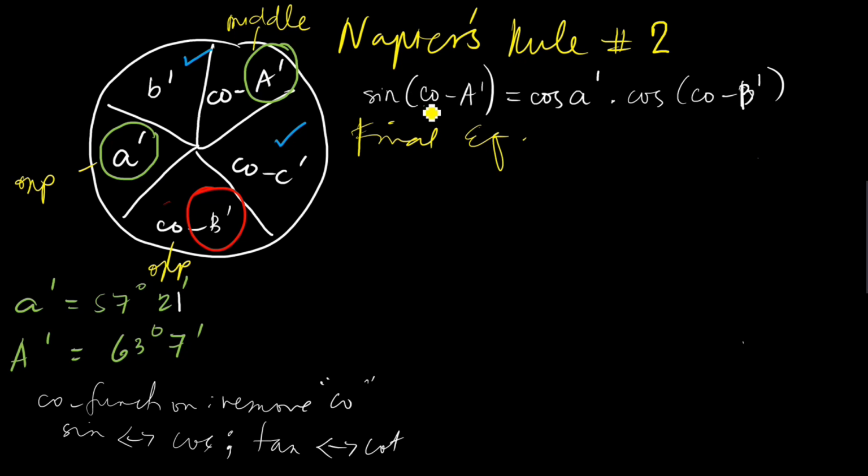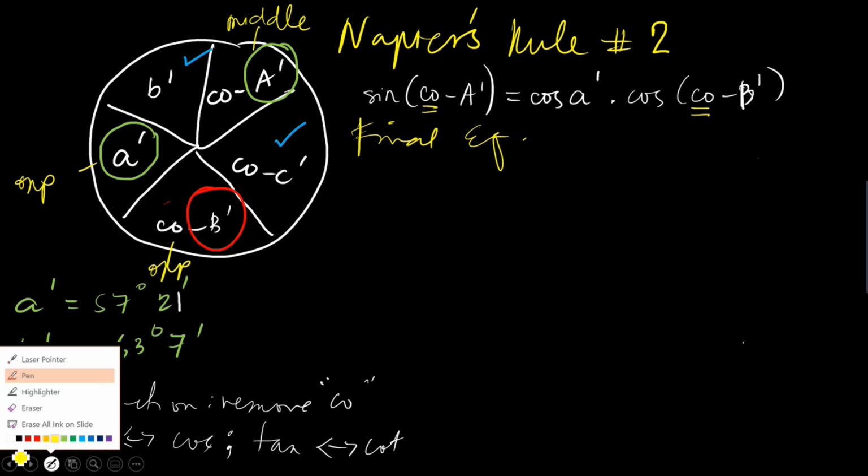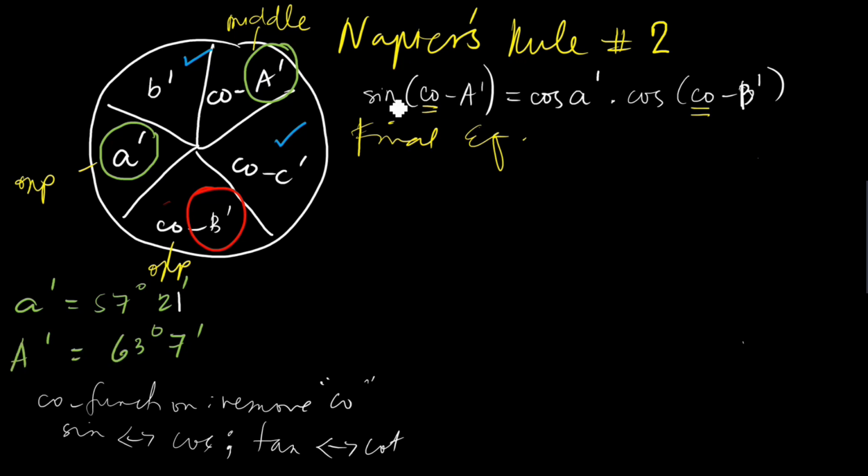With this, we need to replace those with CO, so replace the trigonometric function. For sine of the complement of the big A prime, since it has the CO or complement, sine will become cosine, then copy the part, big A prime, equals cosine of the small a prime, then cosine of the complement of big B prime will become sine of big B prime.